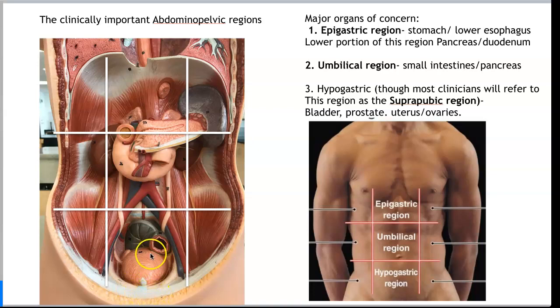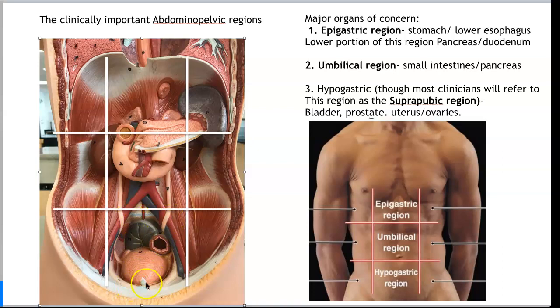The suprapubic region. This is where you're going to have your bladder, male or female. You're also going to have the female uterus and ovaries here. The male prostate is within this region. You also have the distal end of the large intestines, the rectum, back here.